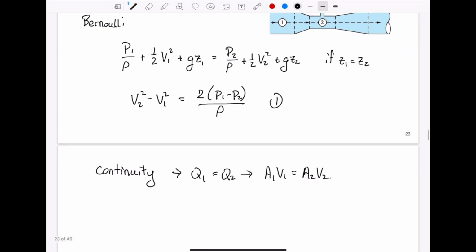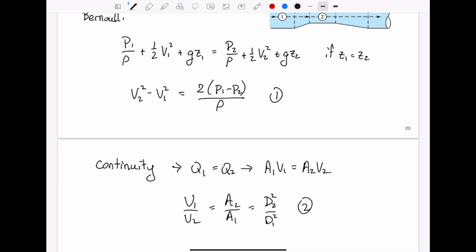And so we can write the ratio of our areas would be equal to the ratio of our velocities. So V1 over V2 would be equal to A2 over A1. And like we just said before, this is equal to the ratio of our diameters squared. So D2 squared over D1 squared. This is our second equation.